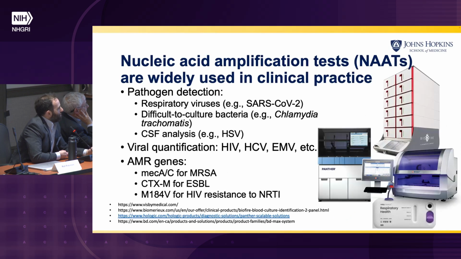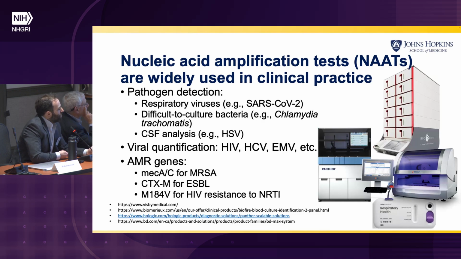So if we think about nucleic acid amplification tests, I'm sure everyone here has had a SARS-CoV-2 PCR at some point. Outside of respiratory viruses, we frequently use NAATs for difficult-to-culture bacteria such as chlamydia, for CSF analysis, for HSV, and for viral quantification of HIV, hepatitis C, EBV.